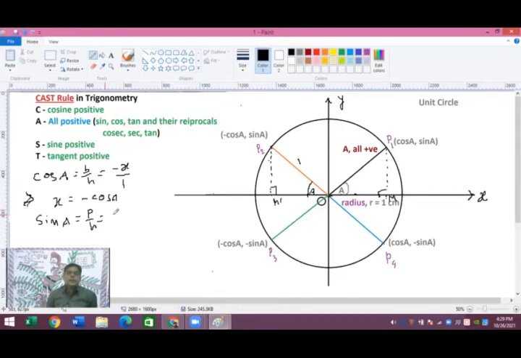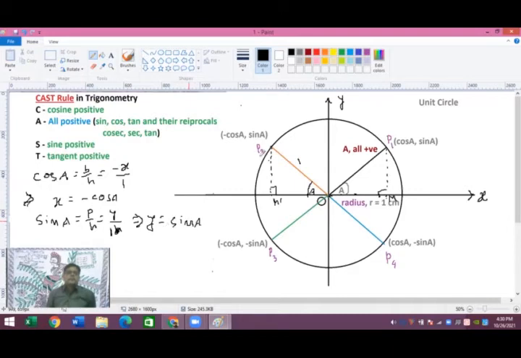So P means here you can say y, or you may also write M dash P2 or P2 M dash, no problem. And H is again 1, so in place of H you can write 1. Alright, so y equals, now it is sine A.